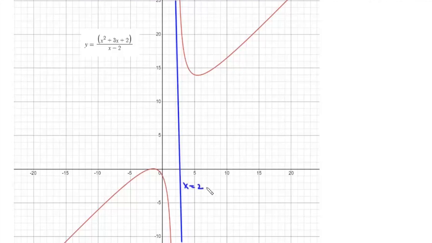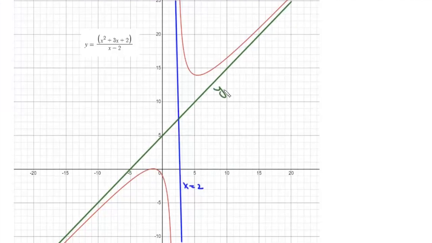So we have an asymptote at x equals 2. And if we draw this line, y equals x plus 5, it will be this straight line. So this is y equals x plus 5, which is the oblique asymptote for this curve. So this is how we calculate horizontal, vertical and oblique asymptotes for a rational function.